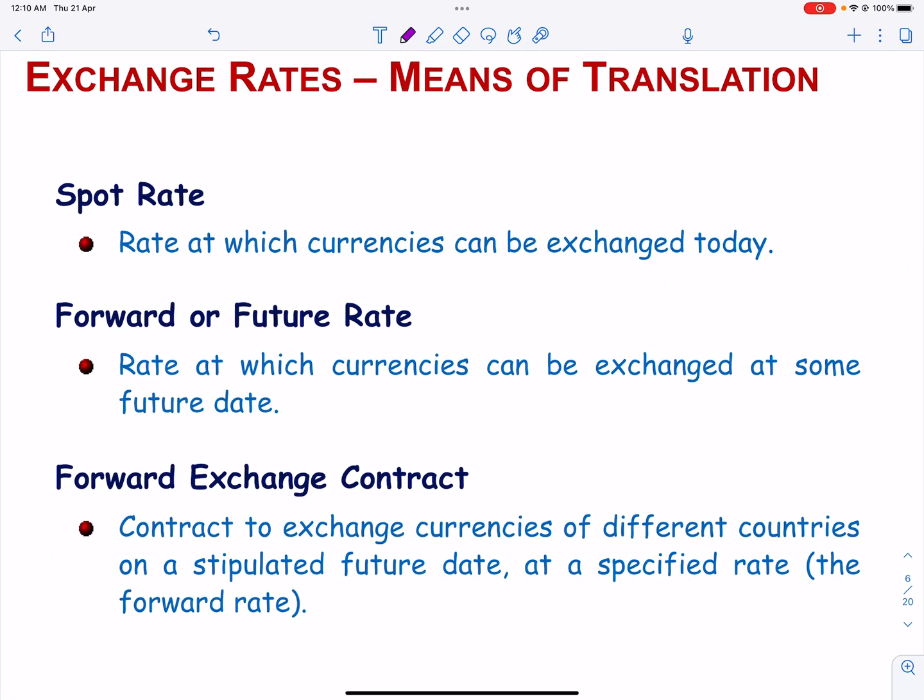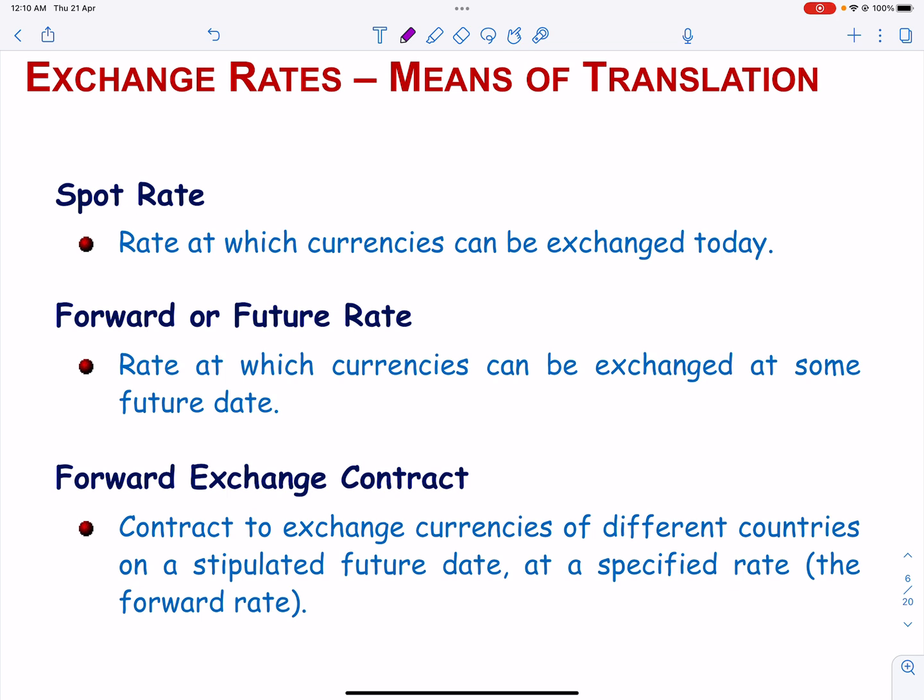Spot rate is the exchange rate today, or it will be more appropriate to say this moment, as the rate changes constantly. Forward or future rate is the rate at which currencies can be exchanged at some future date. For example, the Saudi firm has to pay the German firm in euros after 30 days, and it does not want to wait till the date of payment, as the exchange rate of euro to Saudi riyal may go up.